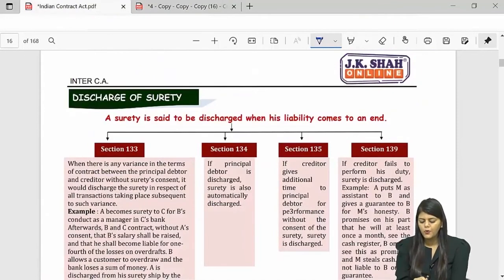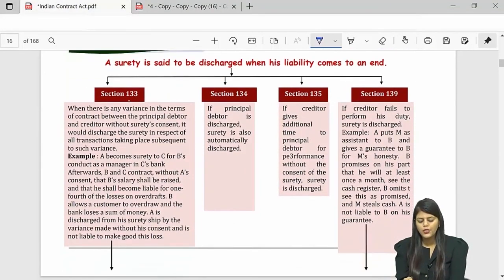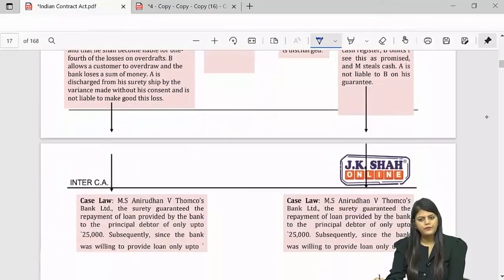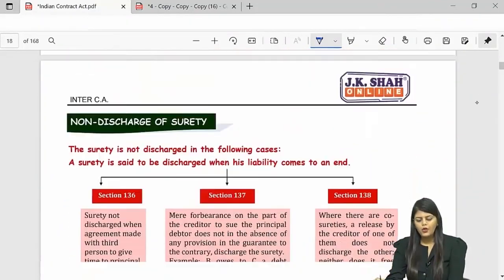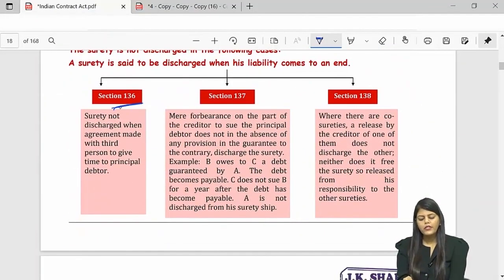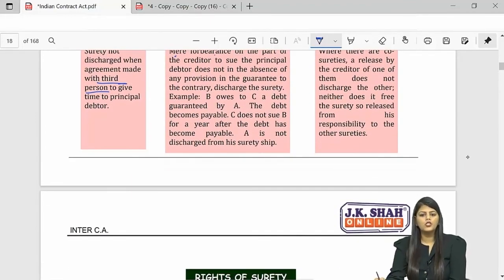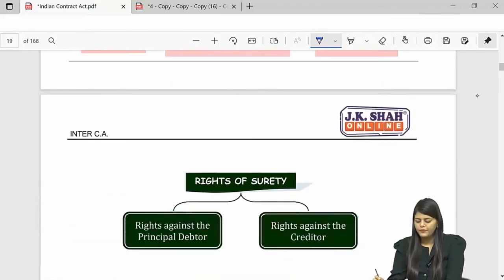If you see your textbooks, discharge of surety, we saw 4 situations: 133 changes, 134, 135 and 139. Then non-discharge: 136 third party, 137 mere forbearance, that is delay, 138 one co-surety is discharged, others are not discharged.